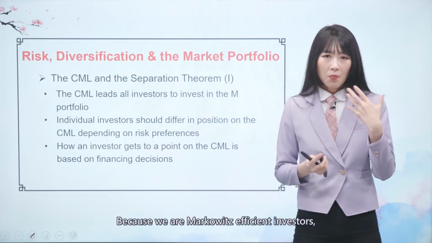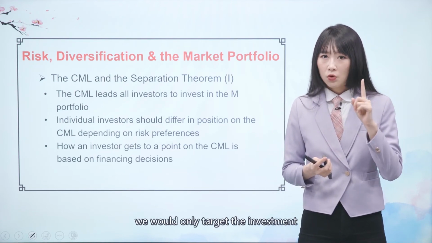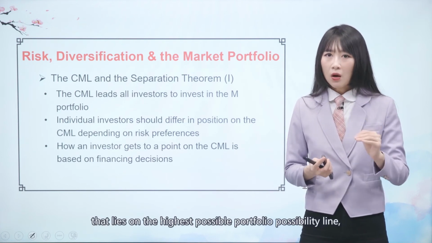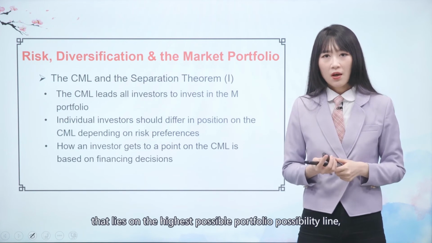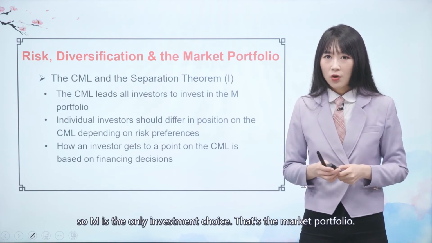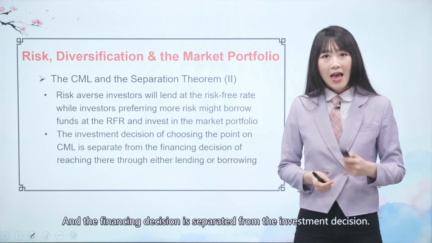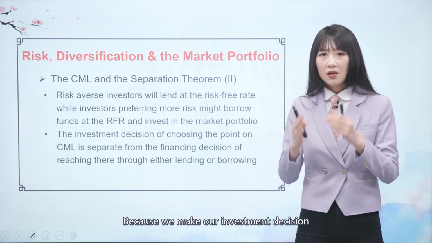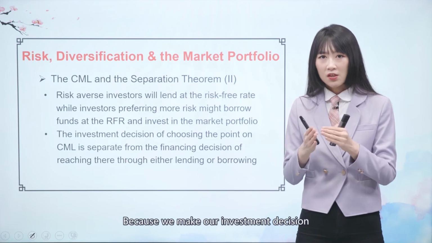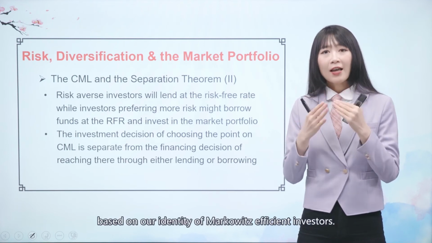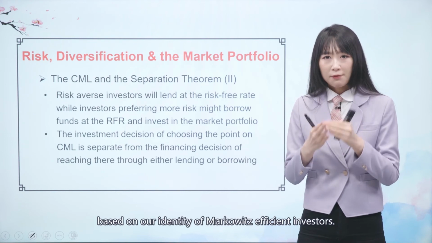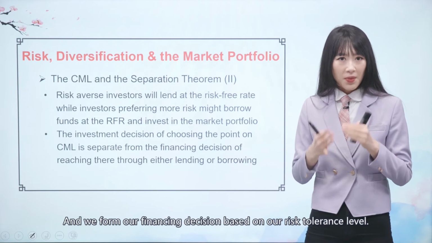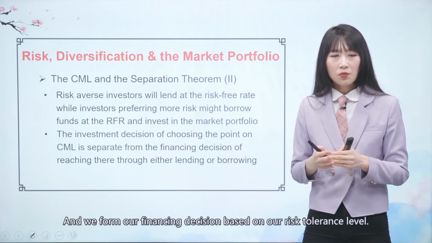Because we are market efficient investors, we would only target the investment that lies on the highest possible portfolio possibility line. So M is the only investment choice. That's the market portfolio. And the financing decision is separated from the investment decision because we make our investment decision based on our identity as market efficient investors, and we form our financing decision based on our risk tolerance level.